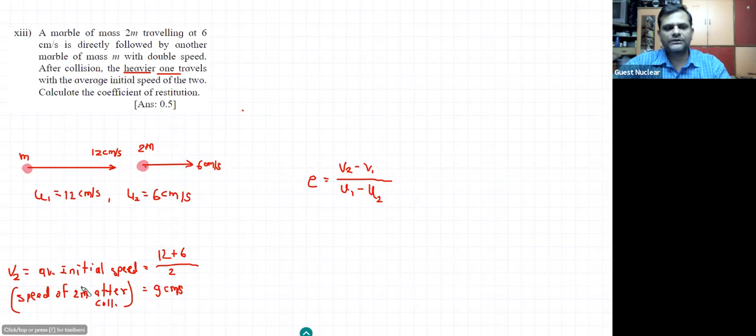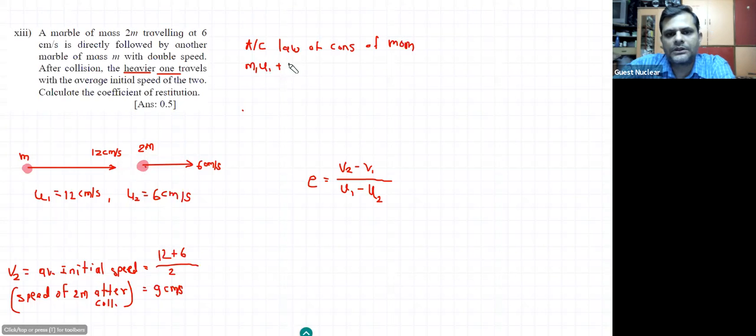But in order to find out V1 here, we'll have to use the law of conservation of momentum. Okay, so according to the law of conservation of momentum, we can just get that M1 U1 plus M2 U2 is going to be equal to M1 V1 plus M2 V2.